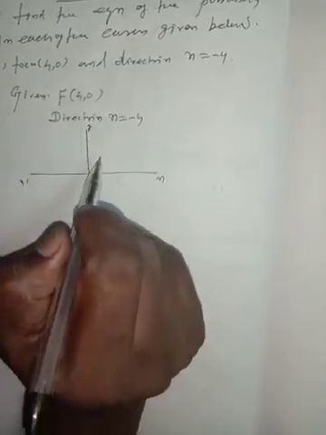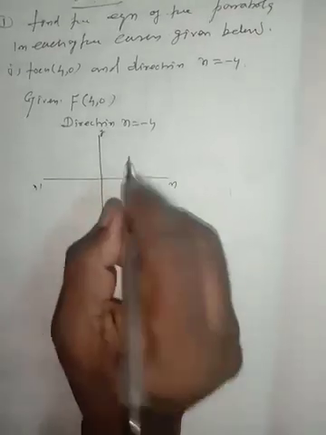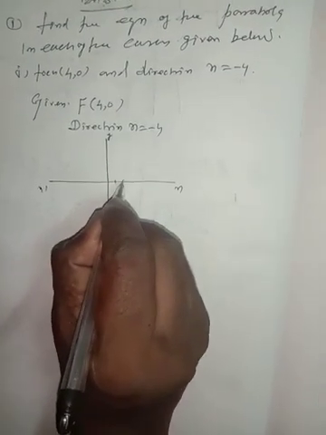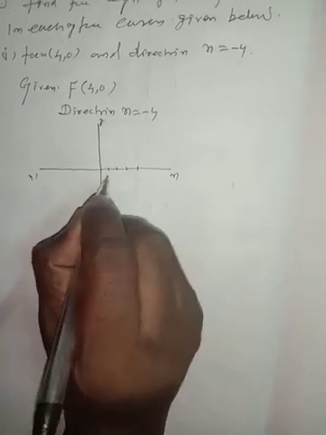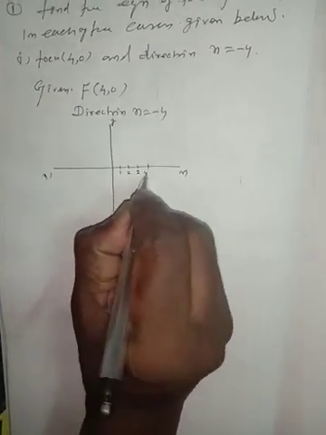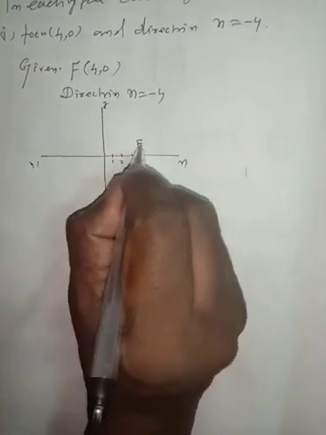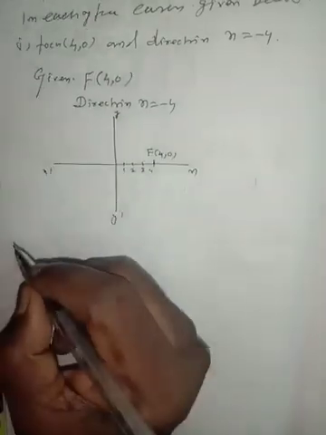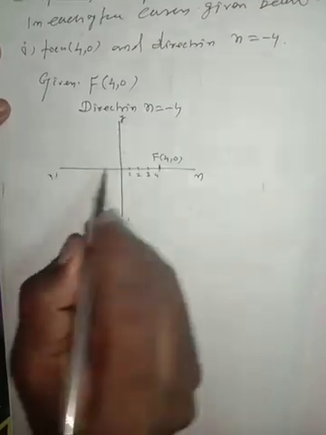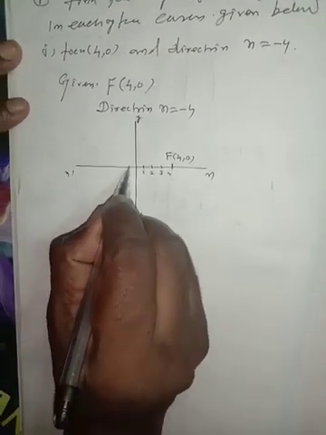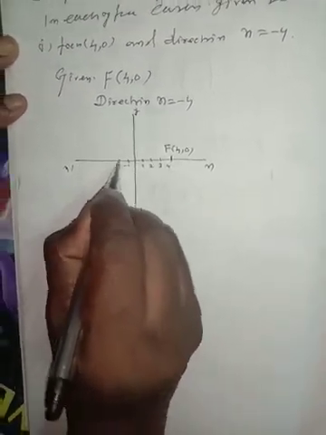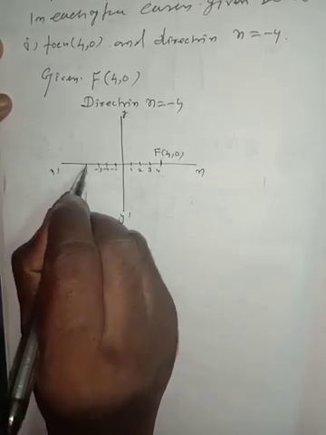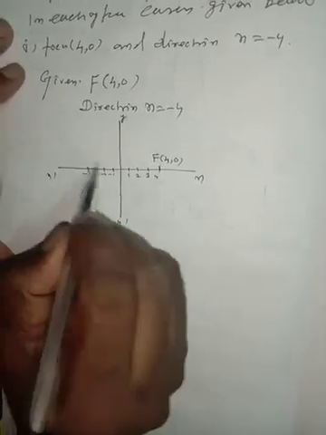Focus (4, 0): 1, 2, 3, 4. Directrix x is equal to minus 4: minus 1, minus 2, minus 3, minus 4.